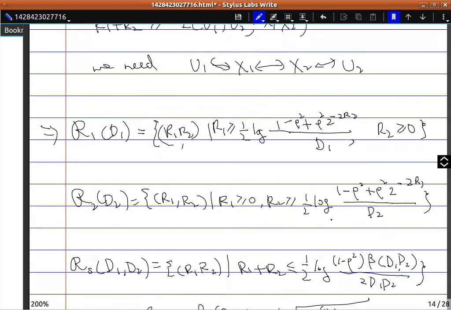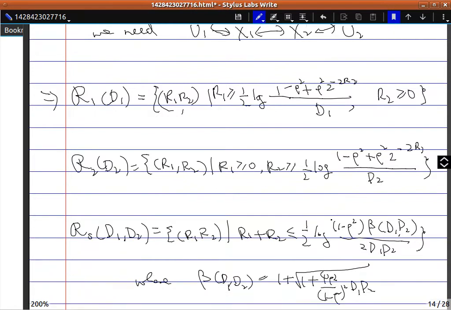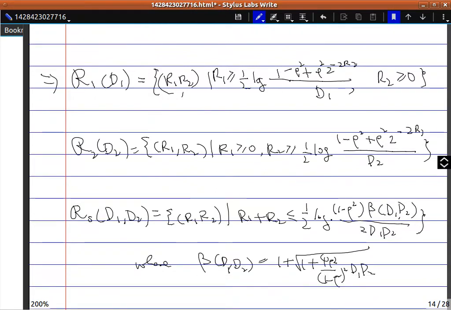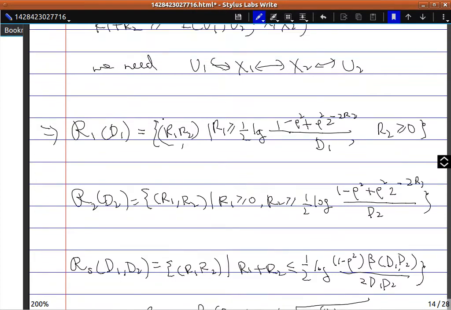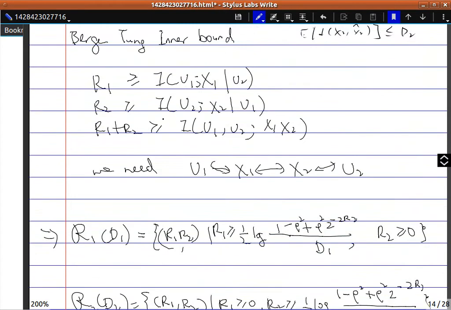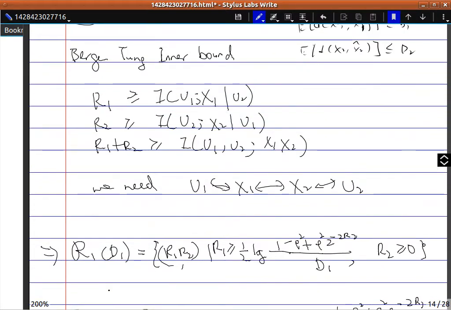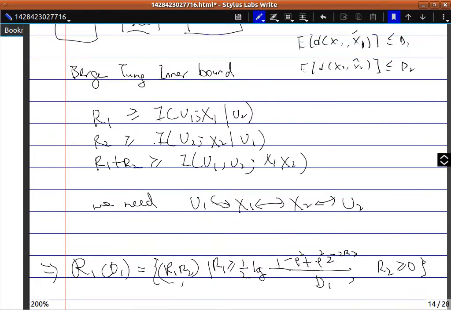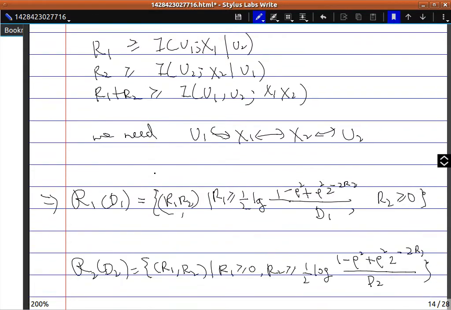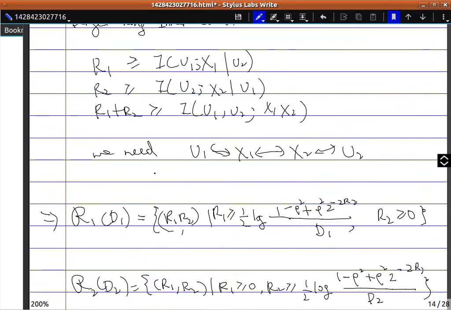And again, the final region is given by this R1, R2, and RS, basically the intersection of these three regions here. As you may guess, R1, R2, and RS correspond to these three inequalities in the Berger-Tung inner bound, but not exactly.